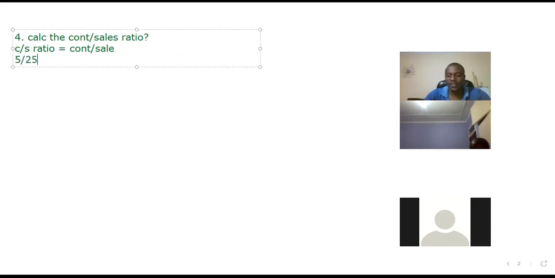How much is our answer, guys? 0 point something. How much? 0.5? 0.20. So we have 0.20 kwacha per unit.